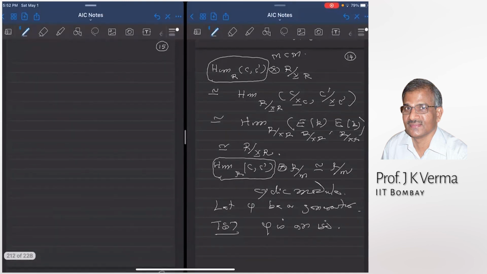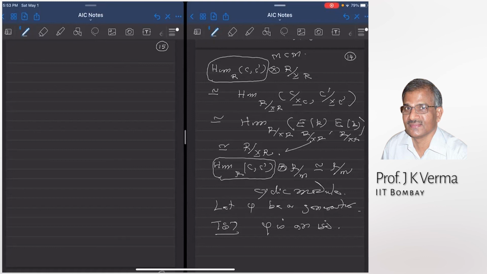Any cyclic generator of Hom of C, C prime will be an isomorphism. Why is that? You see, I picked up this phi by using the Nakayama lemma, and one can choose this phi using this isomorphism with R mod XR, and this will be a generator of this module.